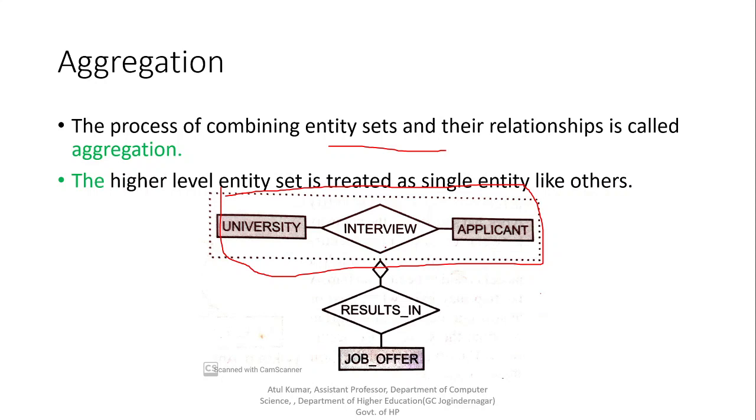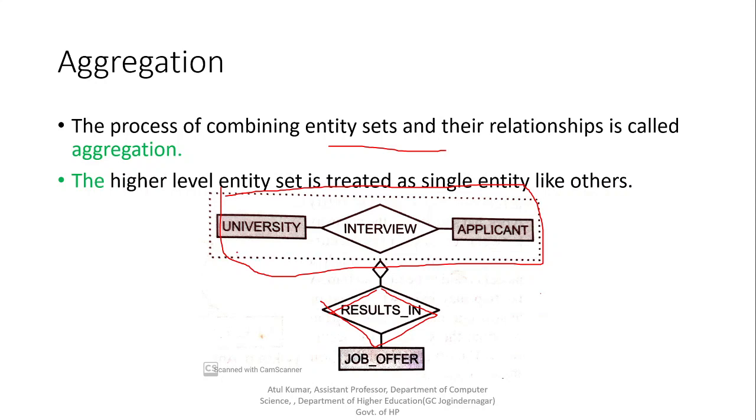Also we can't make a connection from this interview relationship to another relationship. After conducting the interview, the university will give results and provide the job offer to the applicant that passed the interview. There we can't just show or make a connection between a relationship and a relationship.